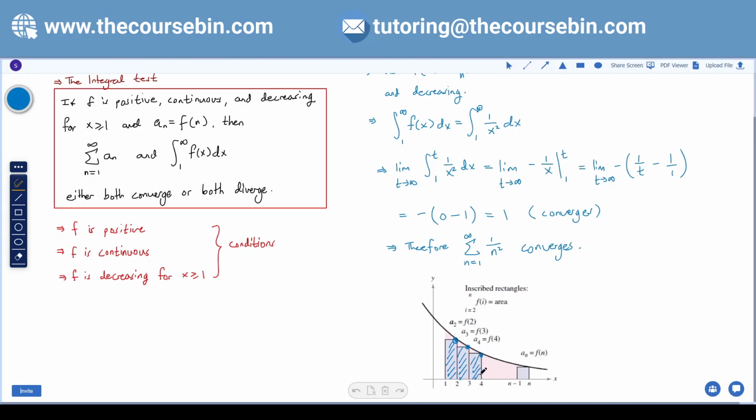The areas of the rectangles that the a sub n's create, we know those areas converge if the area underneath the f of x also converges. You can see here, this is why they've labeled it a sub 2 equals f of 2, a sub 3 equals f of 3.